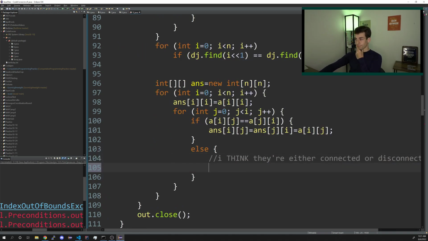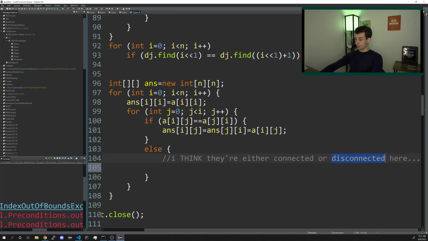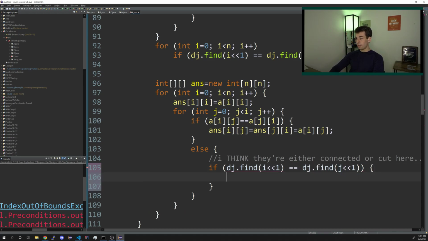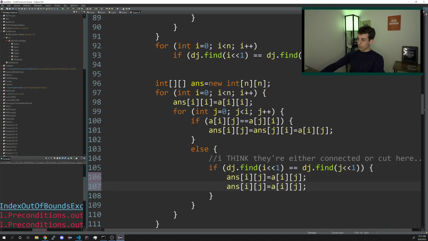Okay, so painted or cut, I guess here. So what does this mean? So if dj.find(i left shift 1) is equal to dj.find(j left shift 1), then ans at i j equals a at i j, and then same thing with j i.